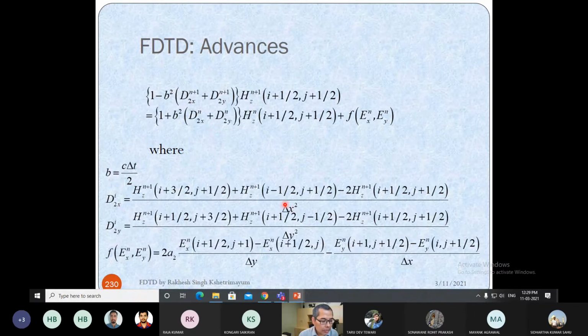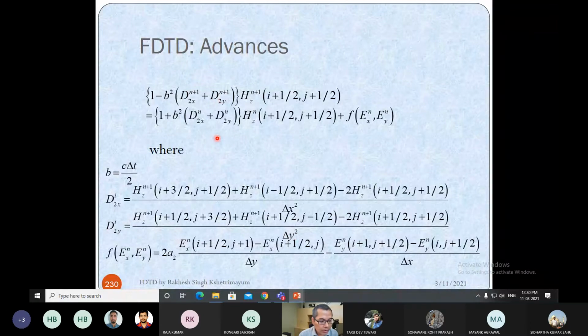We are doing the double derivative with respect to x of Iz at n plus 1, that's why we have n plus 1 here. Here again we are doing the double derivative with respect to y at n plus 1. So d2y is the double derivative with delta y square, done at n plus 1.